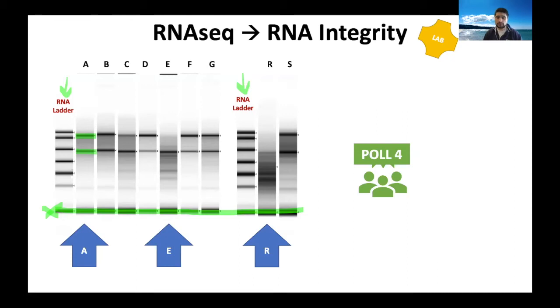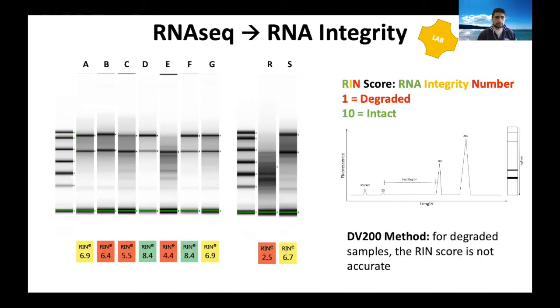Two of them, for mammalian cells, are 18S and 28S, and these are exactly the ribosomal RNA peaks that you see here. The entire study of the integrity of the RNA is actually based on ribosomal RNA.